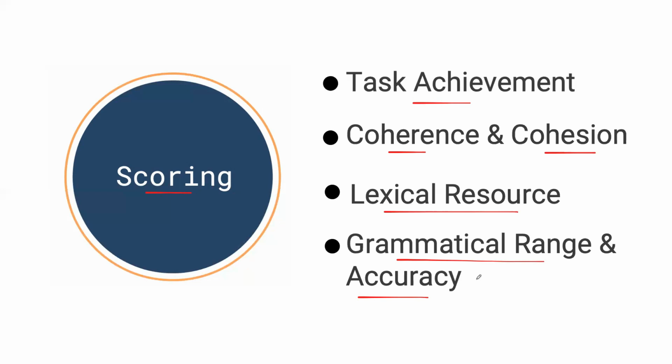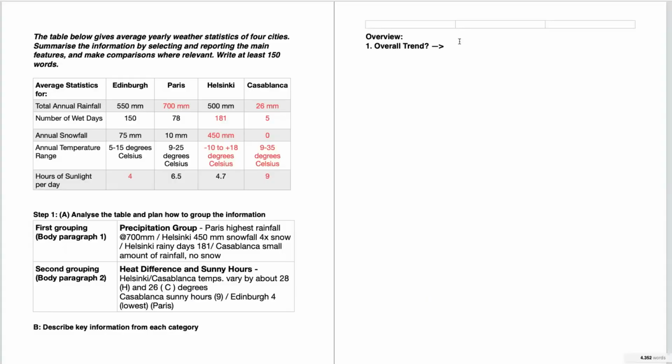Now I want to take you to the general overview, and then we're going to start writing. And just briefly, I want to walk you through this overview and the overall trend. As we saw from before, Helsinki and Casablanca both have this wide range in temperature and the amount of annual rain.